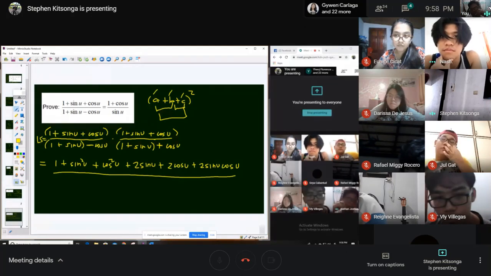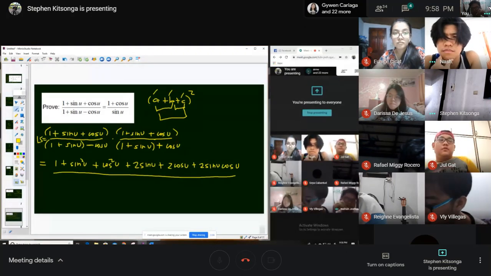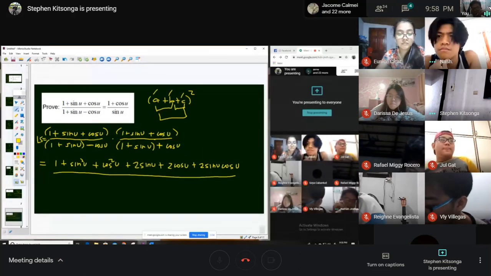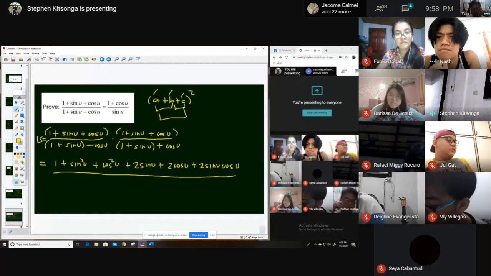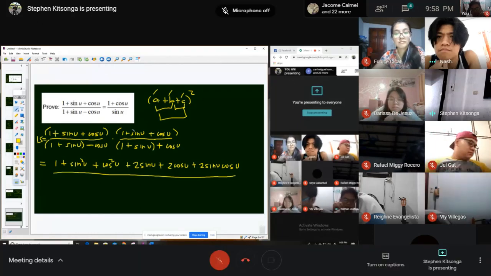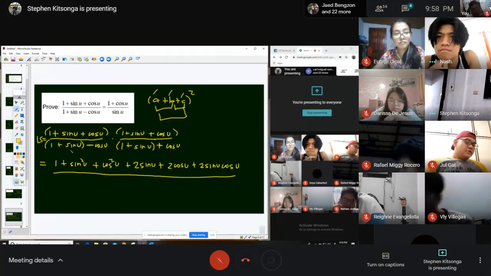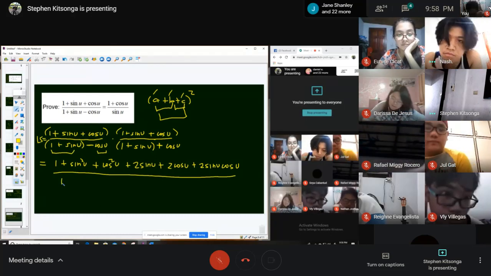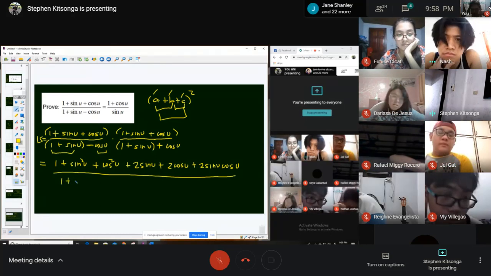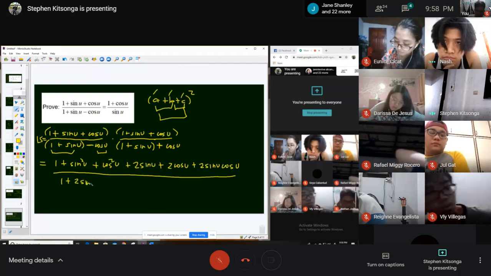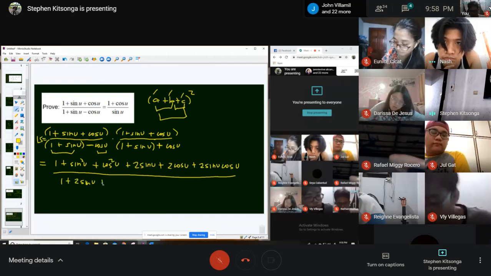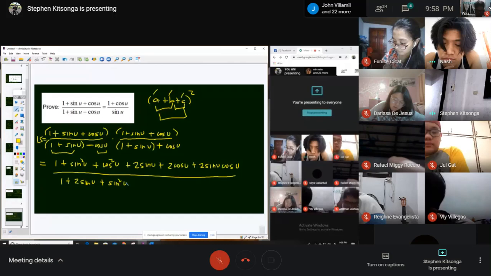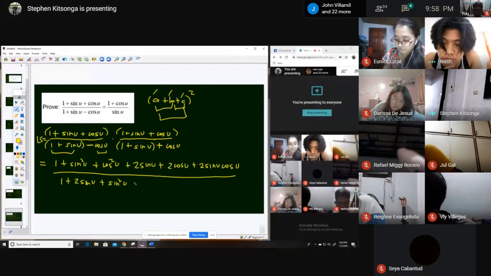Nathan said, square this minus the square of this. So I'll square this directly: 1 plus 2 sine u plus sine squared u. Then minus cos squared u.